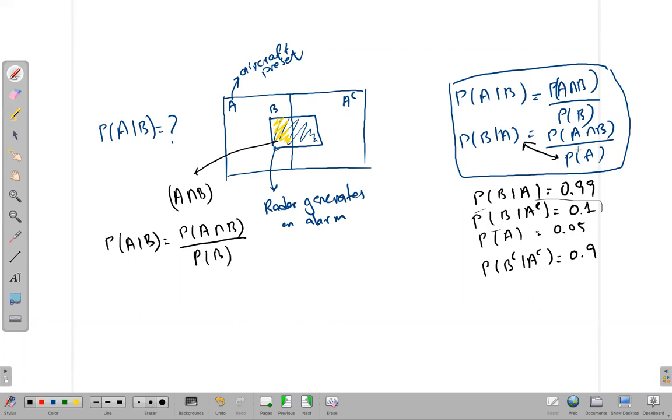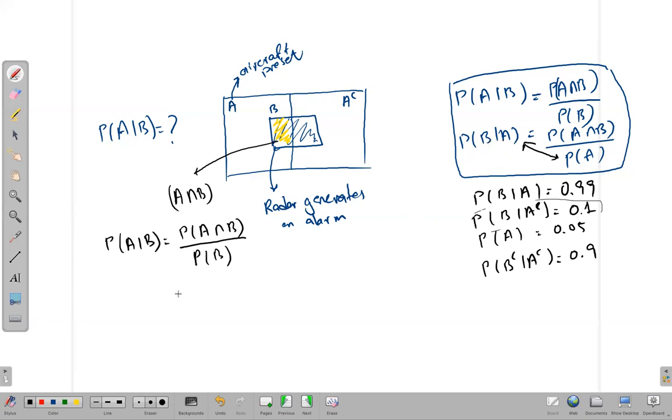Because it's easier. Because I know the probability of A and B given A, so I can use the numbers. If you have these numbers, you can also use the other ones. This is the one I am actually asking for, so that's not logical, but using this one makes sense.